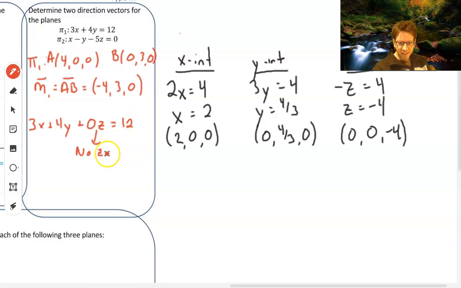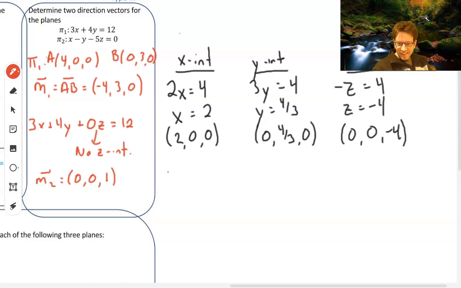You can't solve for z. There's no z-intercept. So if there's no z-intercept, well, that means the plane is parallel to the z-axis. And therefore, we can write a second direction vector as being any direction vector parallel to the z-axis. The easiest one would be 0, 0, 1.